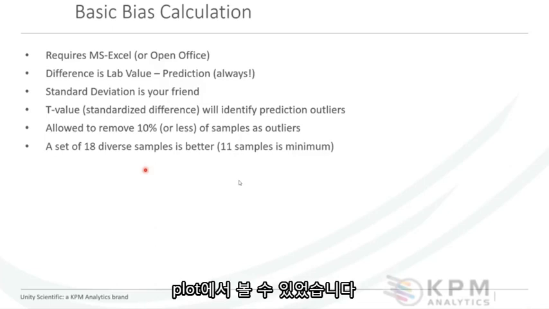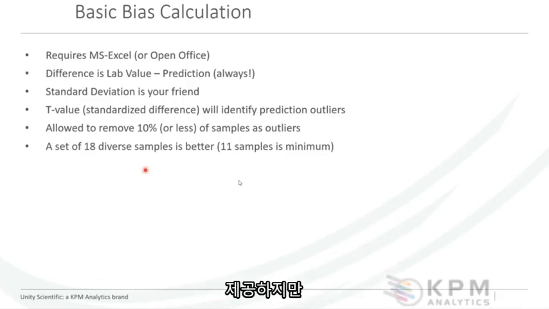We could see the XY plot. We could also see the difference of the predicted values compared to the NIR value, to the laboratory values. So in the monitor program, it gives you all of the information that you really need to make these evaluations.